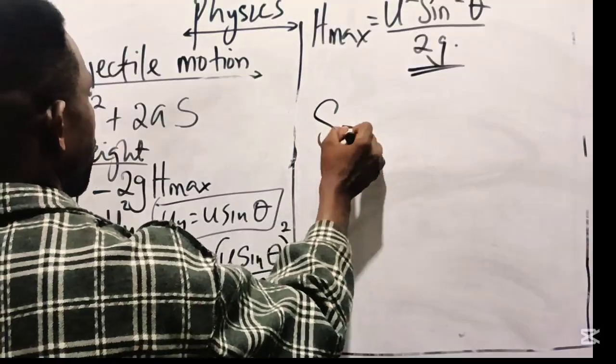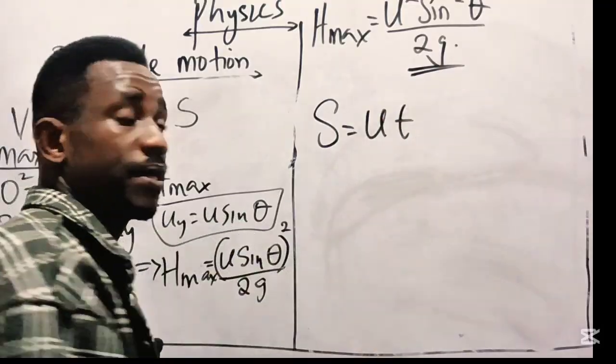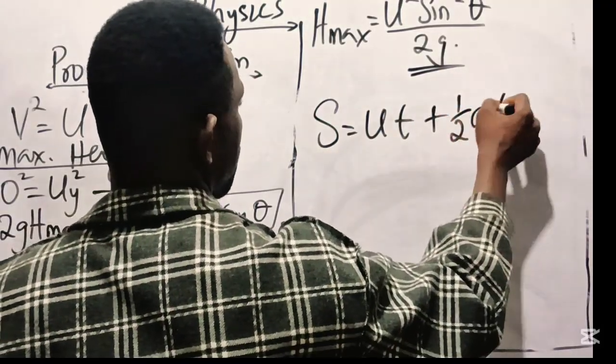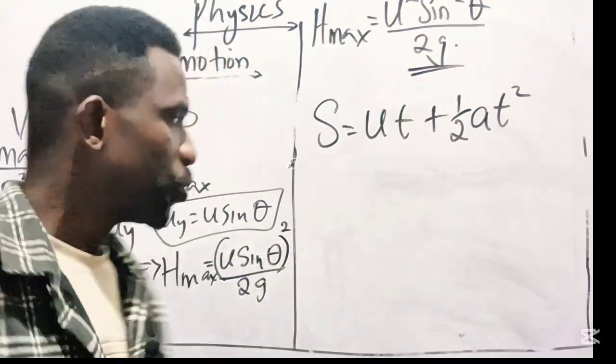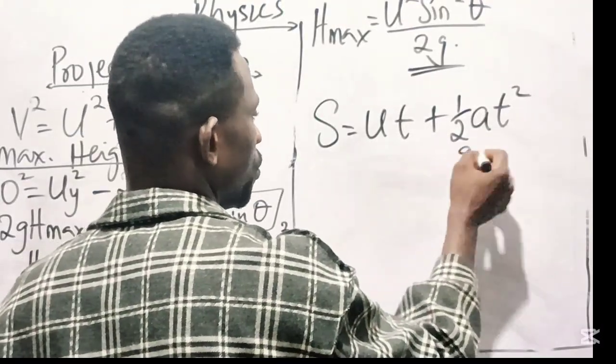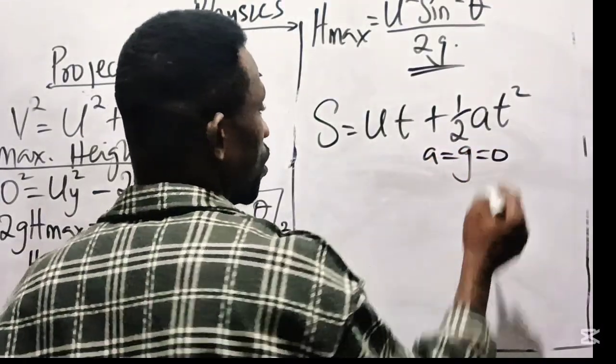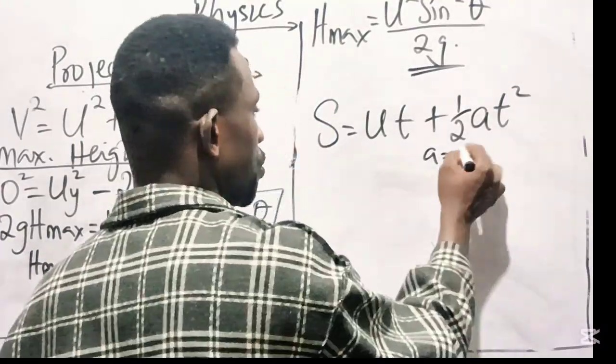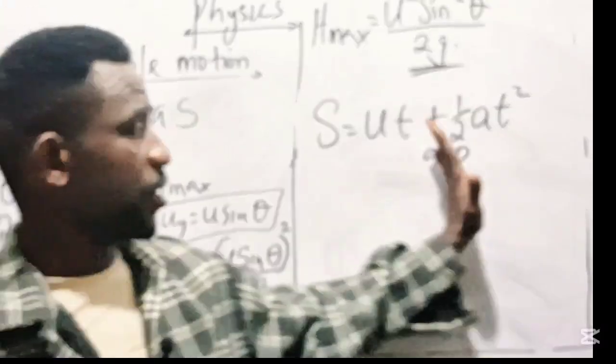Recall, we have x equal to ut plus half at squared. We don't have anything to do with acceleration due to gravity here. So a is equal to 0, acceleration is equal to 0, and everything is wiped out.